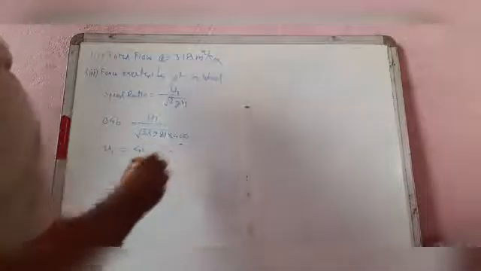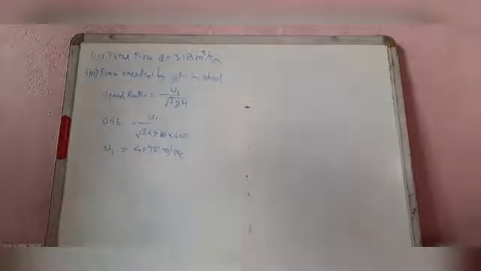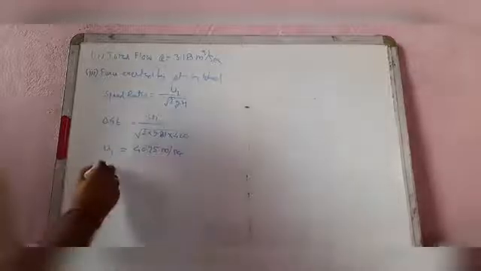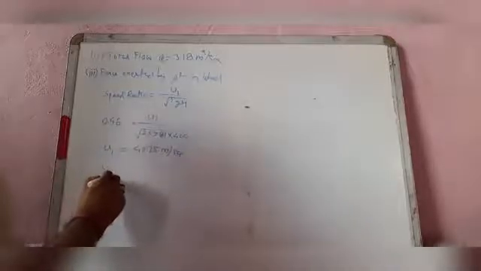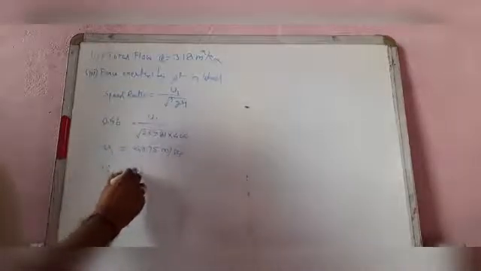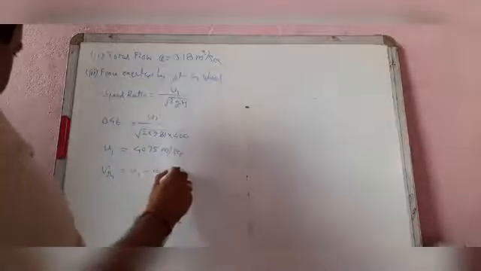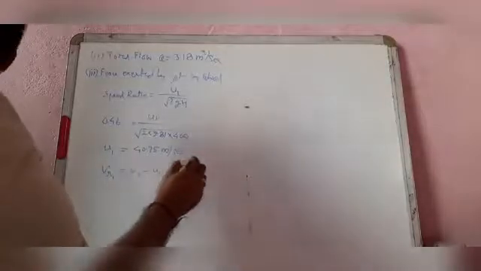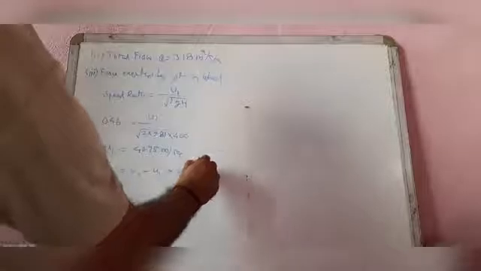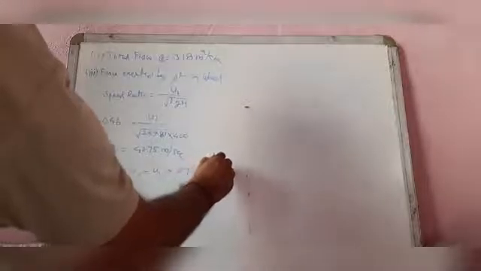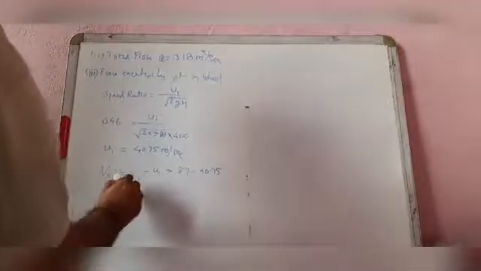And as we know, VR1 equal to V1 minus U1, that is 87 minus 40.75.